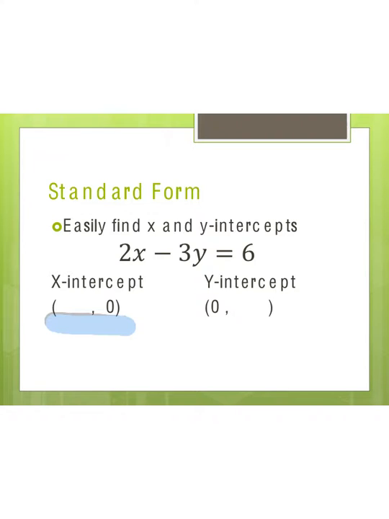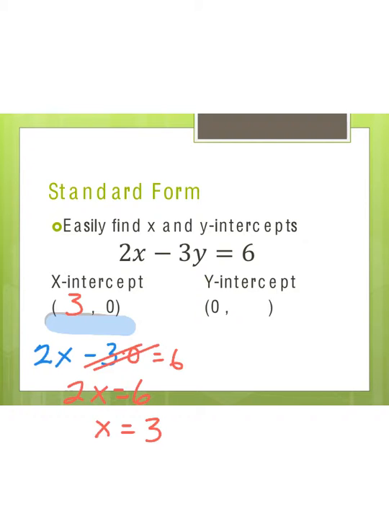You don't have to actually write it down. 2x minus 3 times 0 is equal to 6. When I multiply anything by 0, it zeroes out, so all I really have to think about is the 2x equaling 6. So I know my x-intercept is going to be at 3.